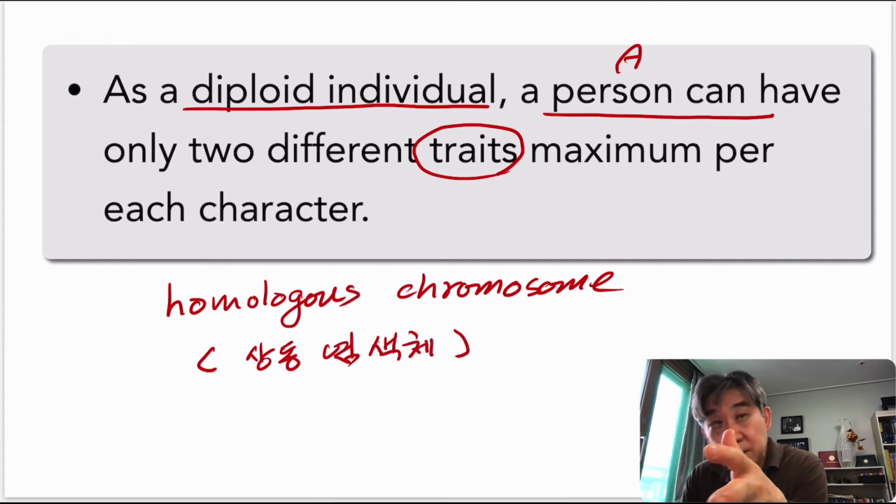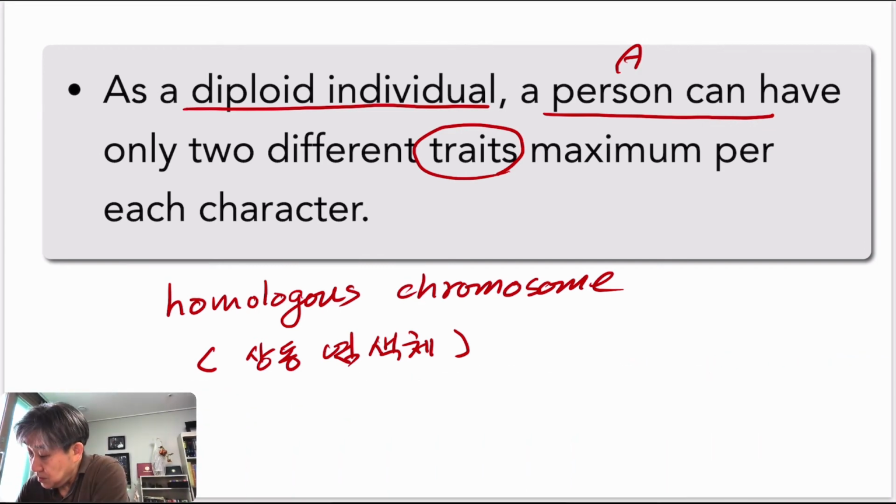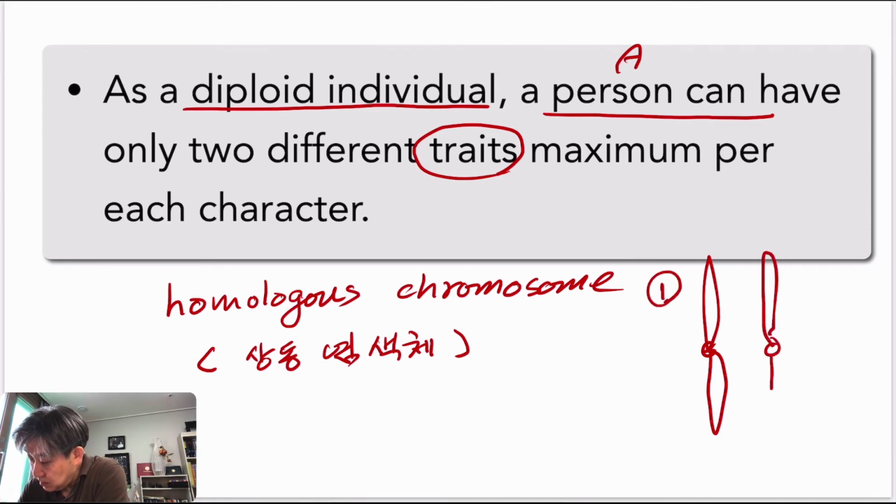Why do you have these homologous chromosomes for each unique chromosome? I have already covered this in an earlier chapter. One chromosome, number 1, came from the father, and the partner chromosome, number 1 prime, came from the mother, for example, and they are basically the same chromosome.